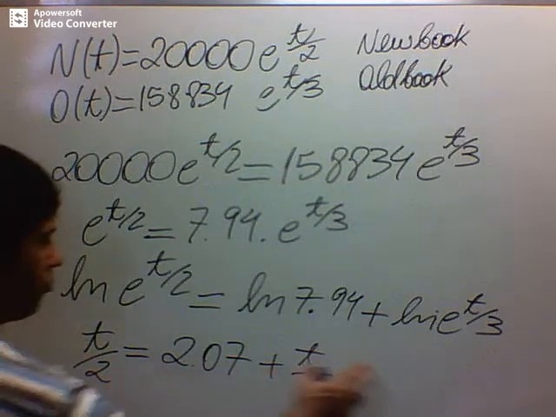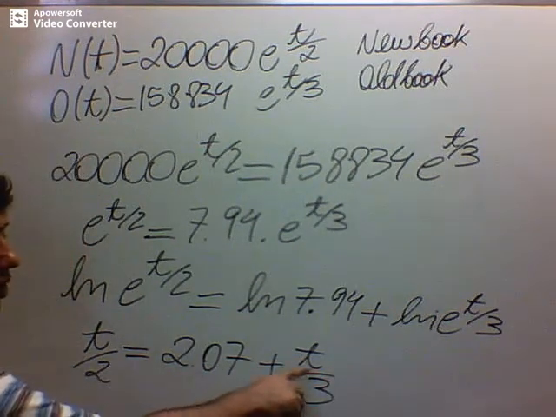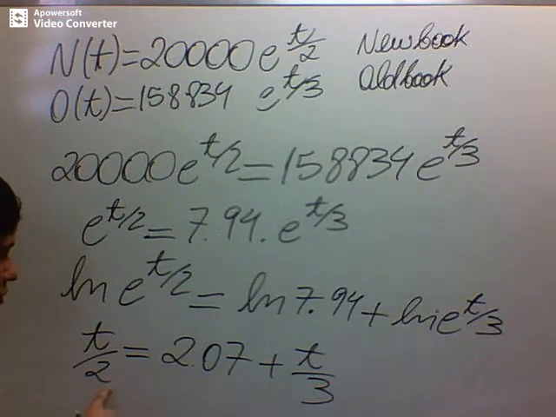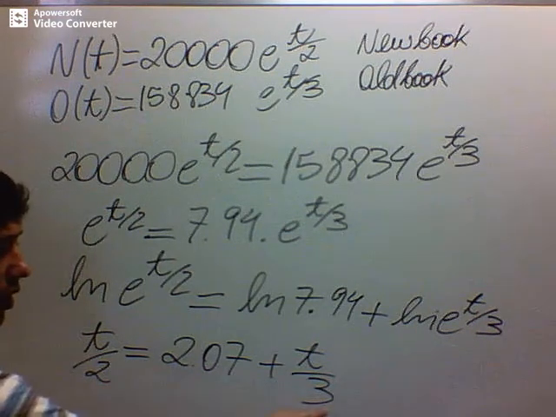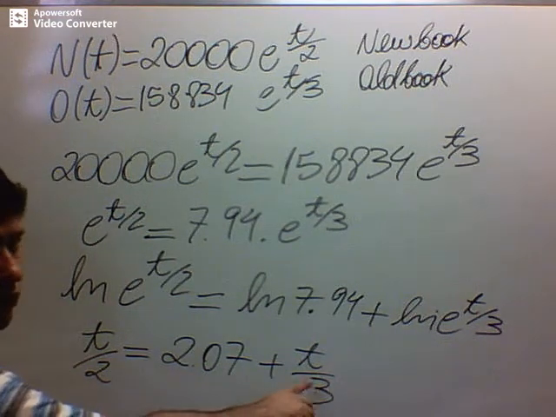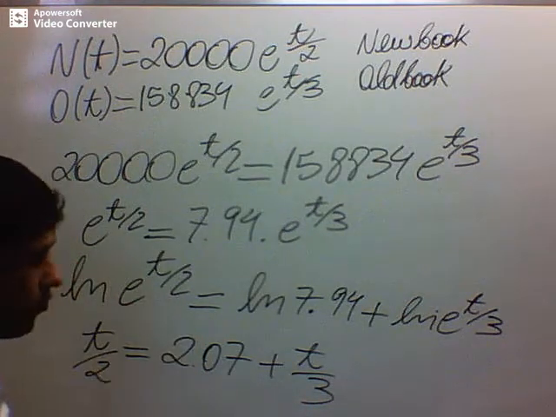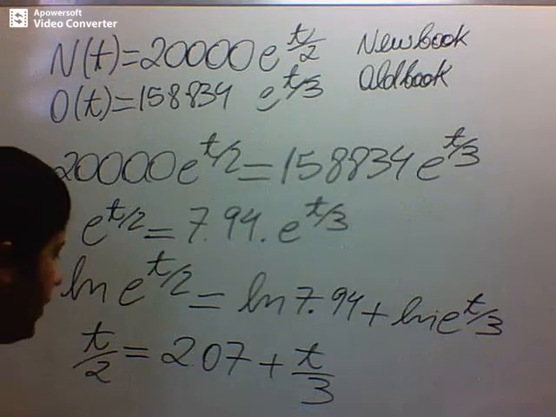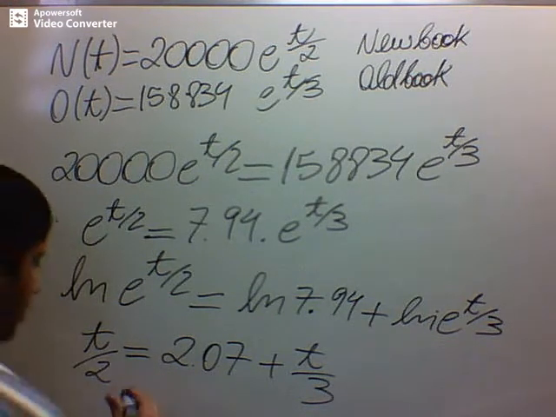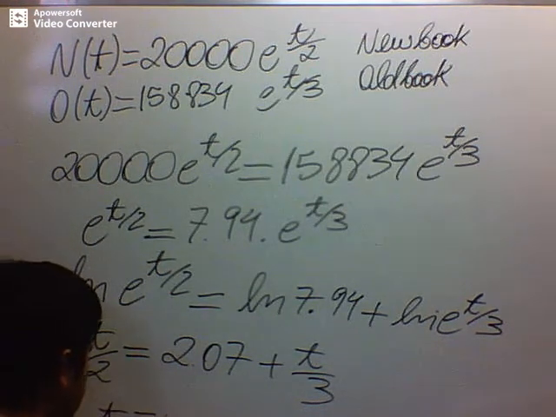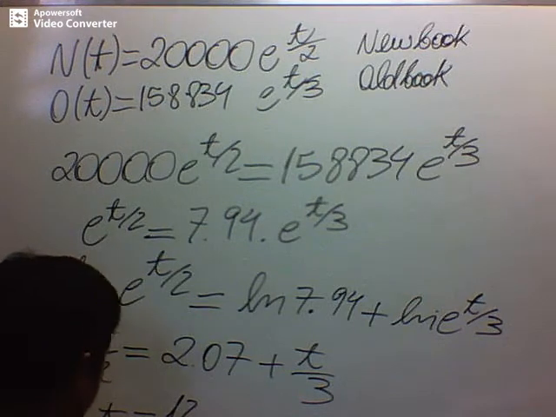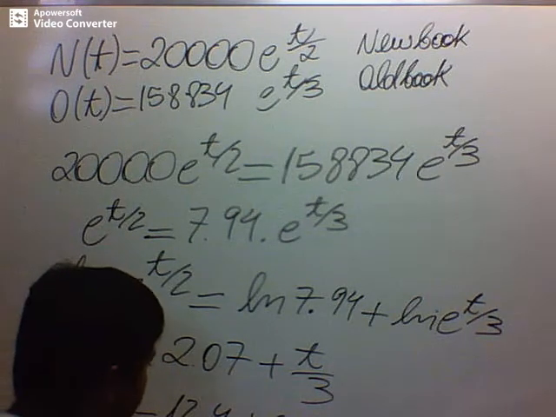I pass this to this side here. It's going to be t divided by 2 minus t divided by 3, which is going to be 1/6, 1 divided by 6. When I pass the 6 to the other side, it becomes t equal to 12.4 years.